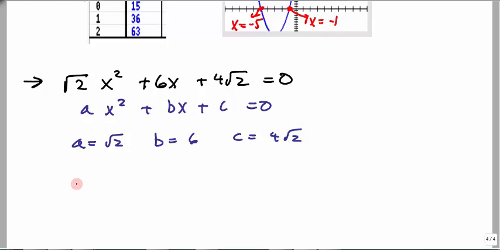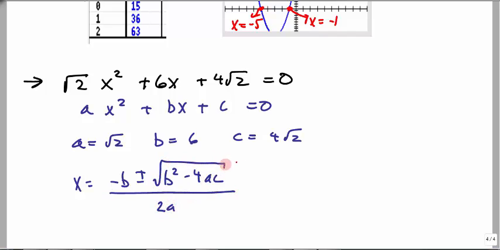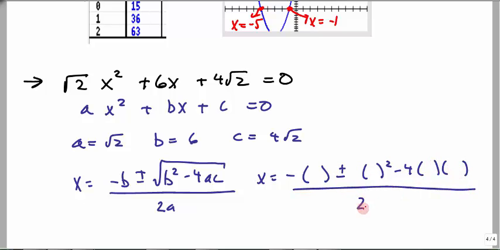So using your quadratic formula, again, you always write out your quadratic formula first, and then you populate it. Negative b plus or minus the square root of b squared minus 4ac all over 2a. So my value of b here is 6. A is root 2. C is 4 root 2. And again, a down here is root 2.